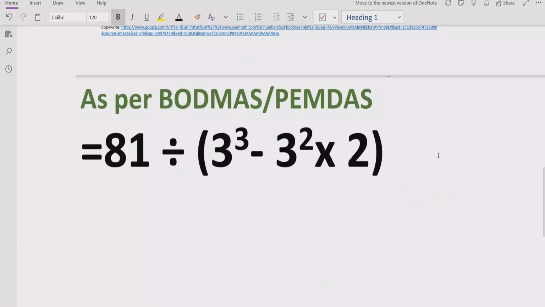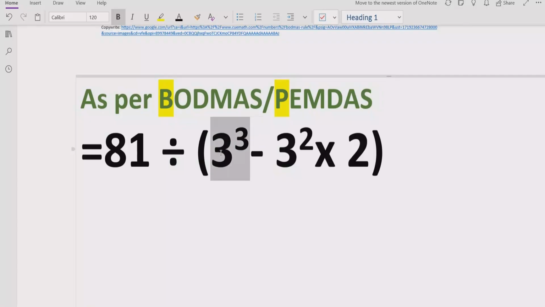So here, according to the BODMAS and PEMDAS rule, first of all, we have to solve the bracket or parenthesis. In our expression, we have this bracket, which is 3 raised to power 3 minus 3 raised to power 2 multiplied by 2. In this bracket, we have multiple things to solve. First, we have two numbers which have the power.